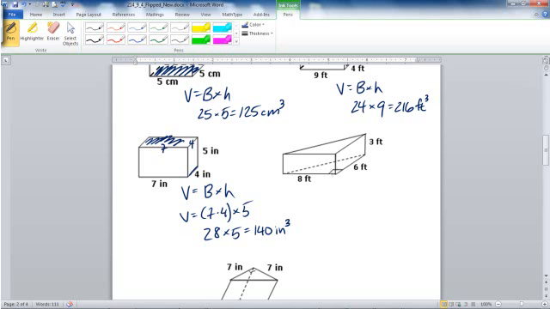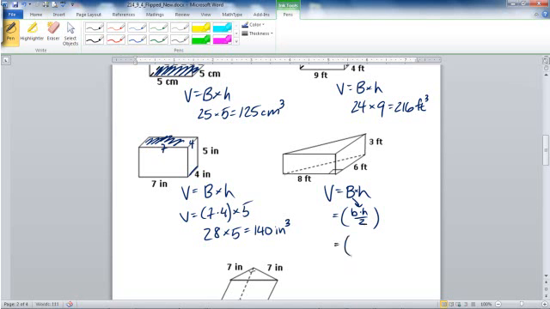Here I've got a triangular prism. Now remember, we've got to go back to our area formulas, and the volume formula is still this, the area of the base times the height, but in this case I'm going to put some parentheses for the area of my base right here. The area of a triangle is little base times height divided by 2.